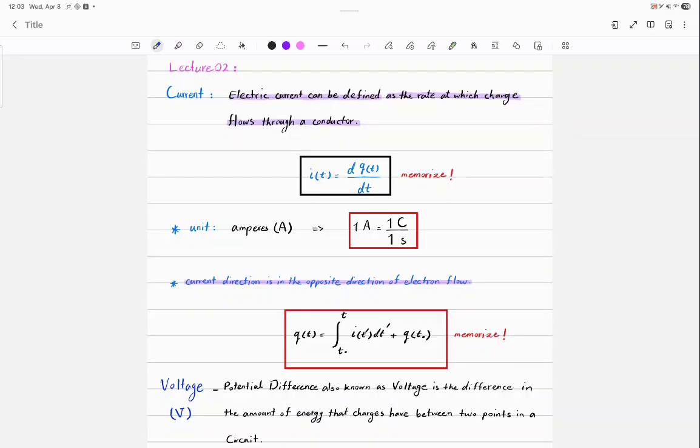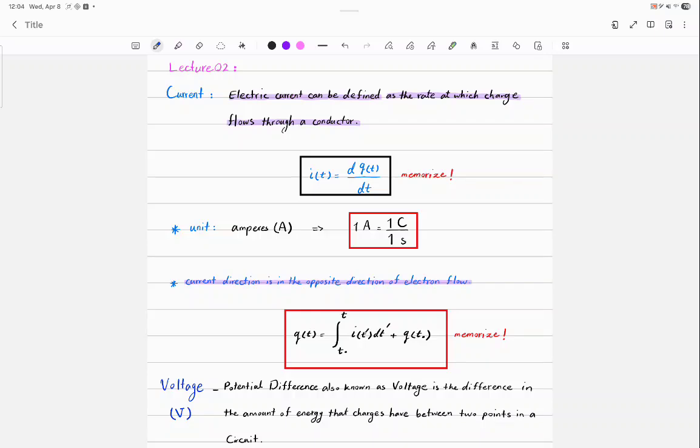Now, what if current is given to you and they ask for charge? Okay, then you should use the opposite of that equation, which is the integral equation. Remember, for the integral equation, you always need some initial value, which is given to you in the statement of the problem.